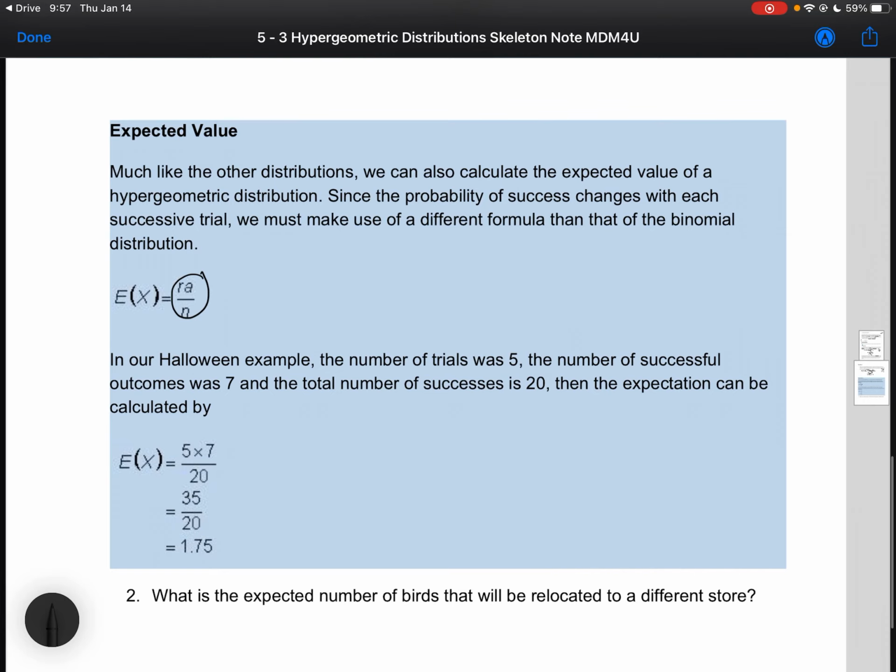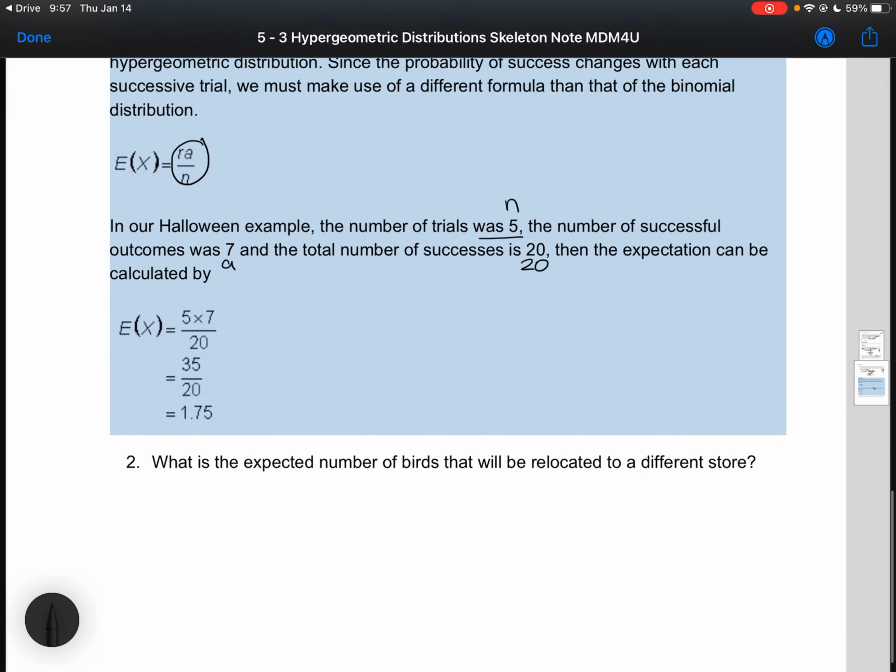This is the formula here: your R value times your A value divided by N. In the Halloween example that we did, our number of trials was 5, the number of successful outcomes was 7, and the total number of options was 20. That means that the expected value can be calculated as 5 times 7 out of 20.